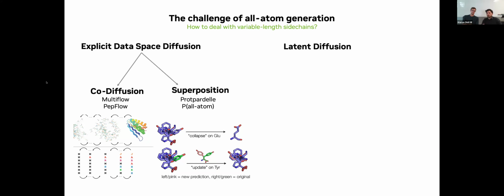But the thing is, for some residue types that have less than 14 atoms, you have some non-existing atoms. So what they do is they fill in with deltas at the C alpha position. And this basically gives you a discrete distribution with these delta distributions, right? And that's not that easy to model. So what we observe is that these discrete and continuous diffusion models struggle to achieve very good performance, and all of these superposition models are not that scalable.